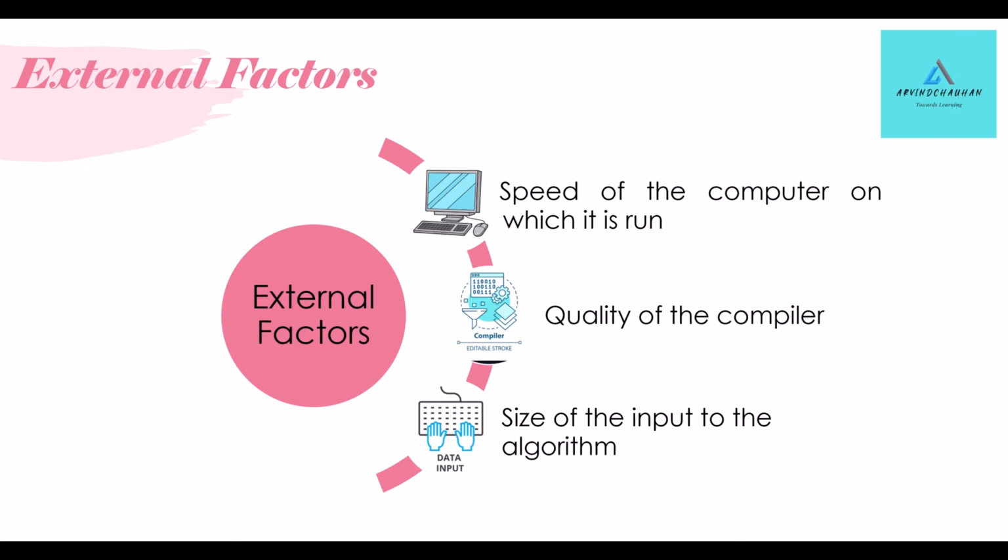If you are using the latest configuration, an i7 or i9 processor, versus running the same algorithm on a dual core or Pentium processor, obviously there is a difference. The second one is the quality of the compiler. Which kind of compiler are you using, a modern compiler or a traditional compiler?